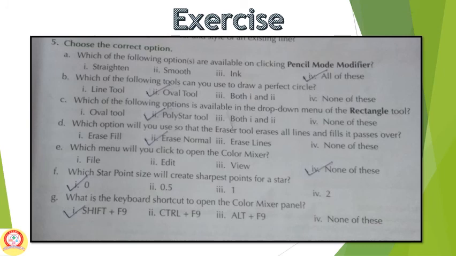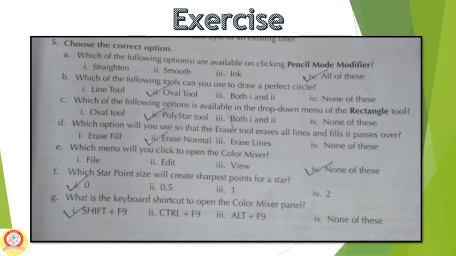D. Which option will you use so that the Eraser tool erases all lines and fills it passes over? 1 Erase Fill, 2 Erase Normal, 3 Erase Lines, or 4 none of these. So it's 2, Erase Normal. E. Which menu will you click to open the Color Mixer? 1 Fill, 2 Edit, 3 View, 4 none of these. So it's 4, none of these.